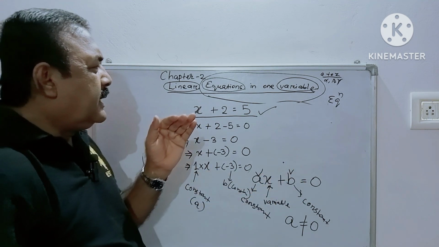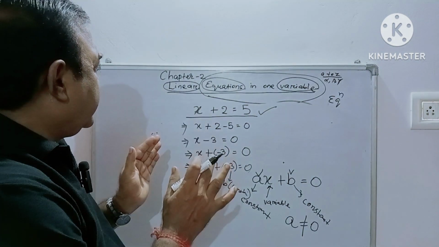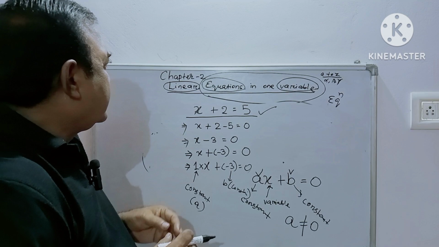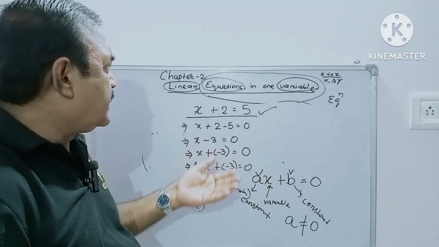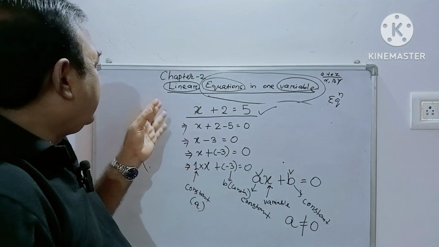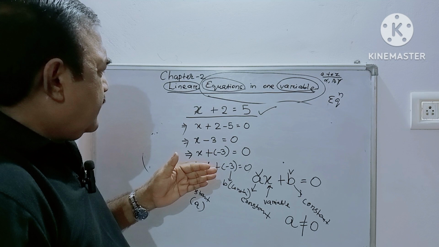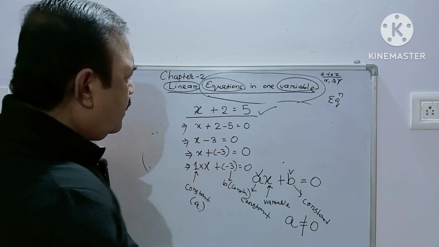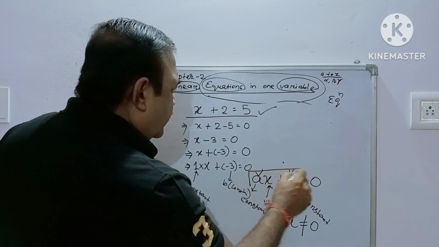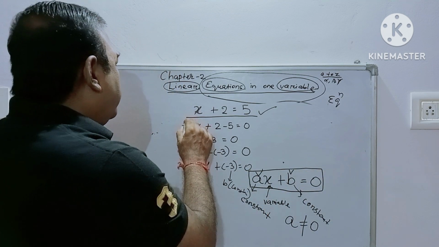In your process of study, we will go through it. So just know this. Such types of equations may be in one variable, may be of two variables, may be of three variables, but they will represent linear equations. And in the standard form of the linear equation in one variable, you will have to remember this pattern.